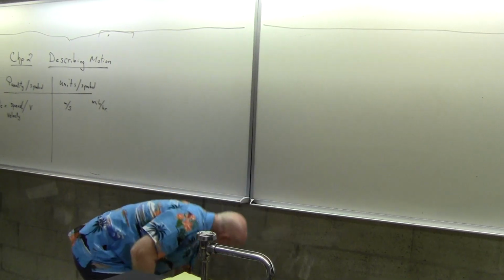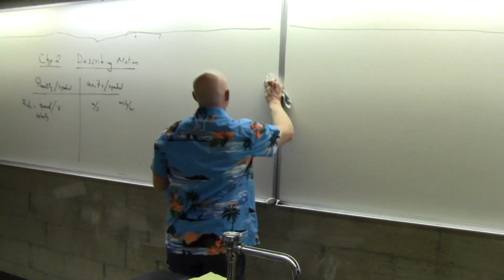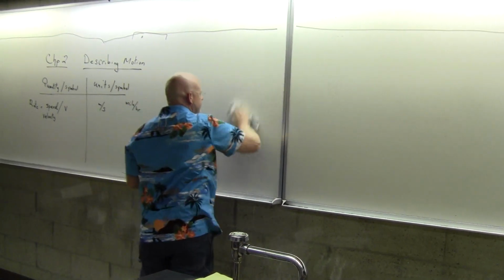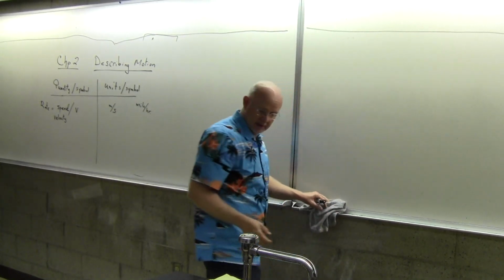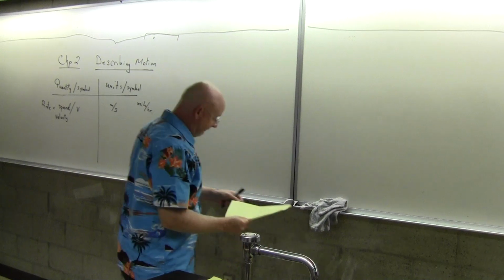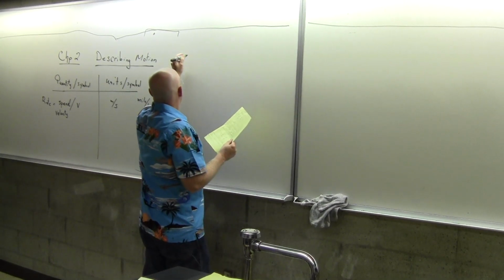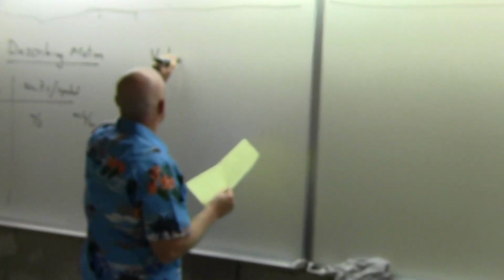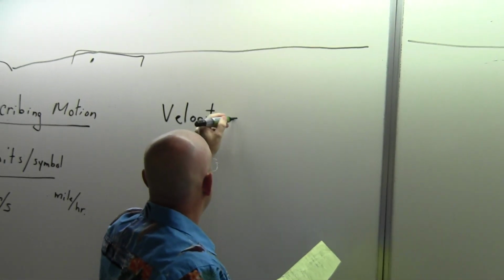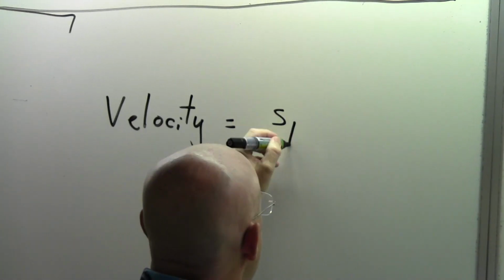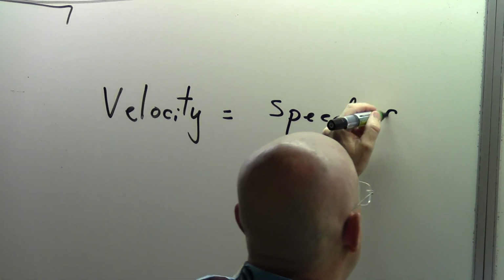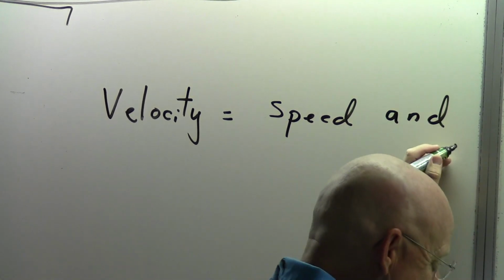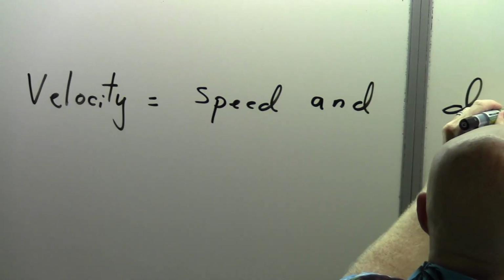And sometimes that small subtlety is really important. And so what is that difference? I guess I would describe it this way. Velocity is not quite the same as speed. It's speed and direction.